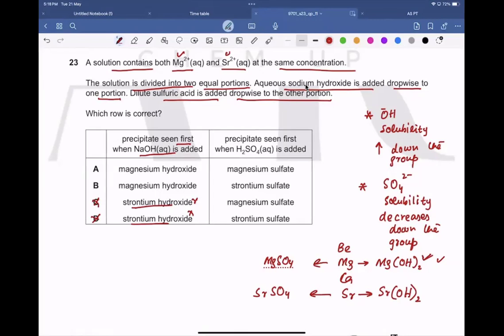Strontium. Yes, magnesium sulfate is going to be more soluble and strontium sulfate is going to be less soluble. So strontium sulfate will show the precipitate, not magnesium sulfate. So A goes wrong and B is the correct answer. Is this clear? Okay.